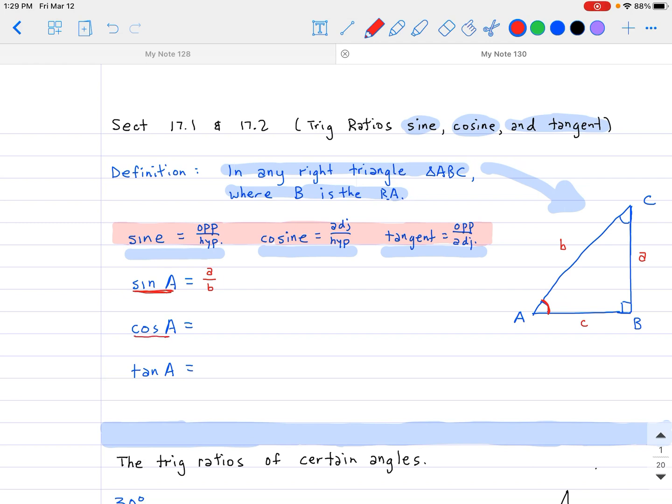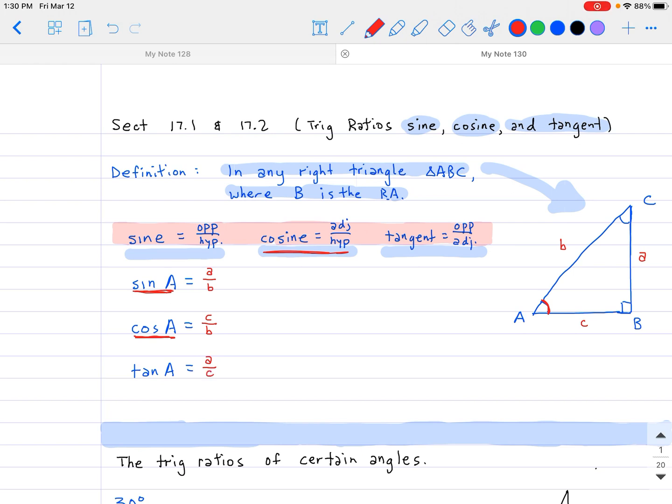Whereas the cosine of angle A, by definition, is the adjacent side divided by the hypotenuse. Angle A's adjacent side has length c, divided by the hypotenuse, length b. And finally, tangent is the opposite over adjacent, so the opposite of angle A is side a over the adjacent, which is side c.